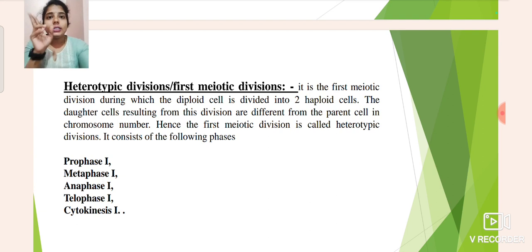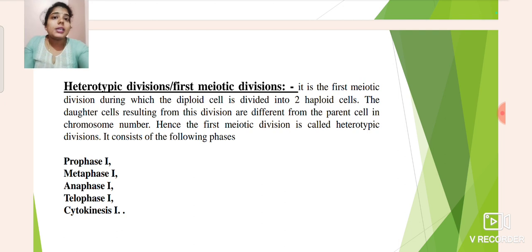That process occurs in the first meiotic division. The diploid cell is completely divided into two haploid cells. Then why heterotypic division? Why do we call the first meiotic division heterotypic division?